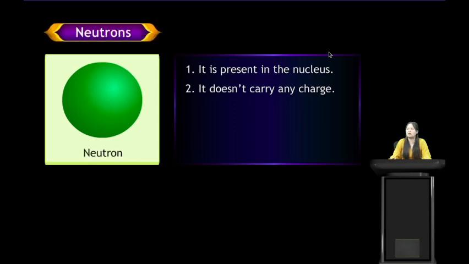It is known as the neutron. So neutrons are also present in the nucleus along with the protons, but neutrons are neutrally charged. They were discovered by James Chadwick.